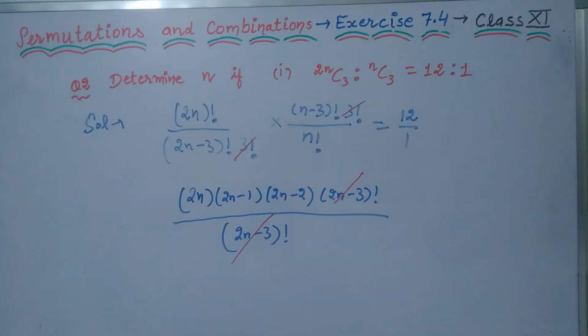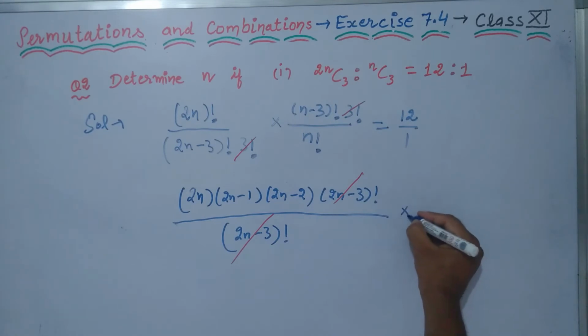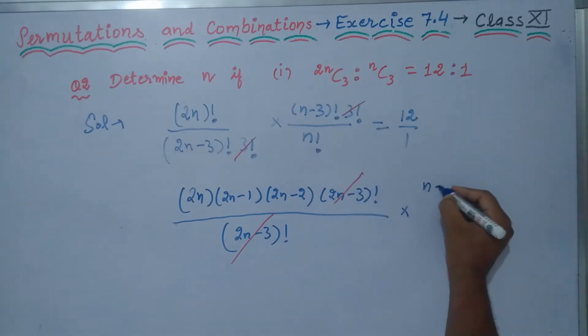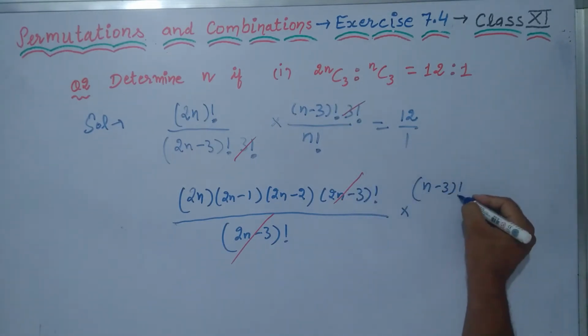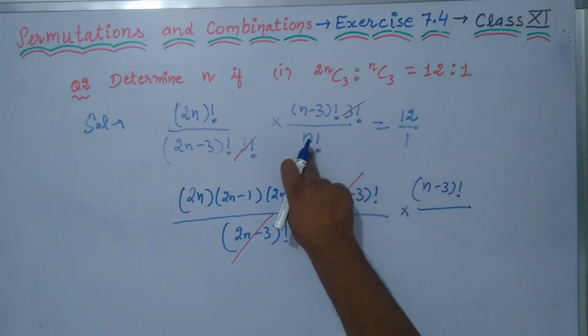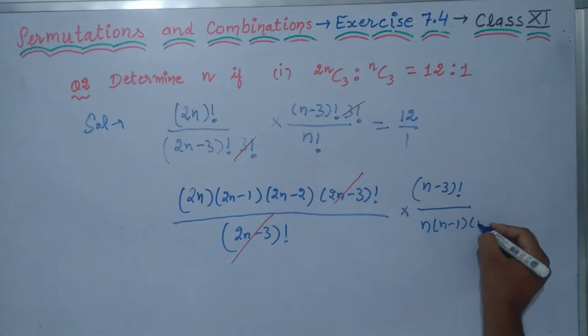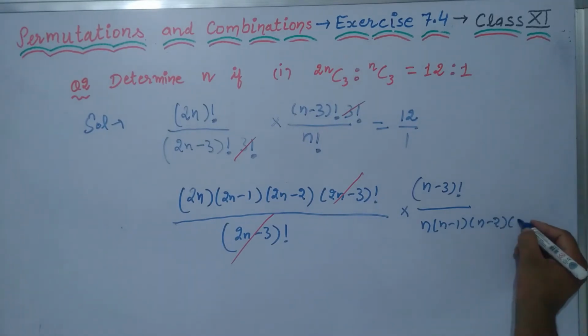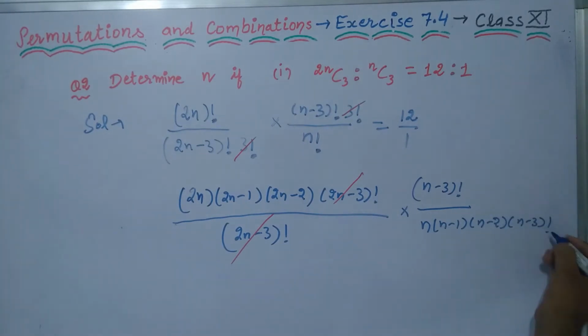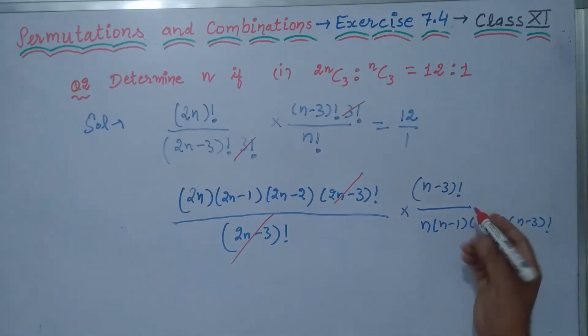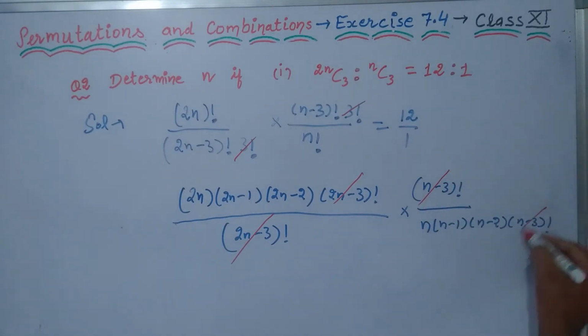Next we have n minus 3 factorial. In the denominator we extend this n into (n minus 1), (n minus 2), (n minus 3) factorial. So we reached here up to (n minus 3) factorial, so cancelled. So next we have right hand side is 12 upon 1.